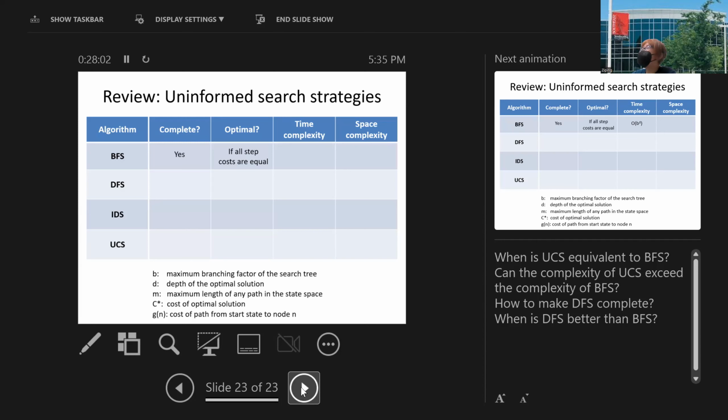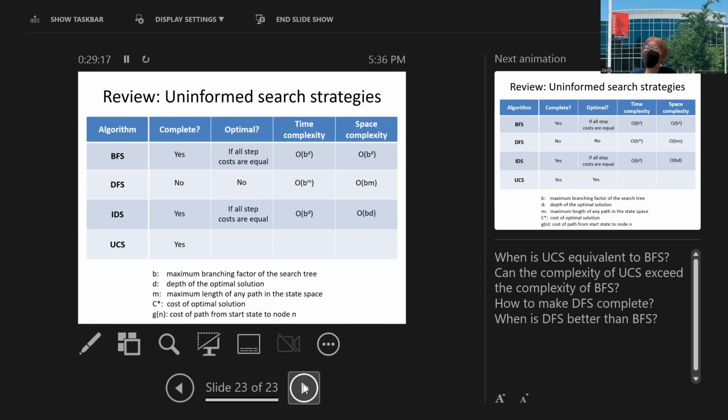And iterative deepening search: is it complete? Yes, you can find the solution. Is it optimal? If all steps cost the same. Time complexity is the same as breadth first search, and space is the same as depth first search. So far it looks pretty good, this iterative deepening search.